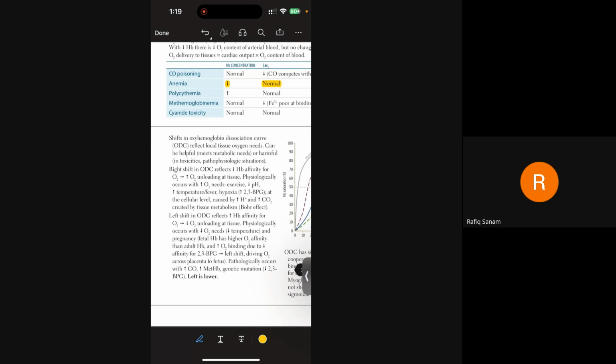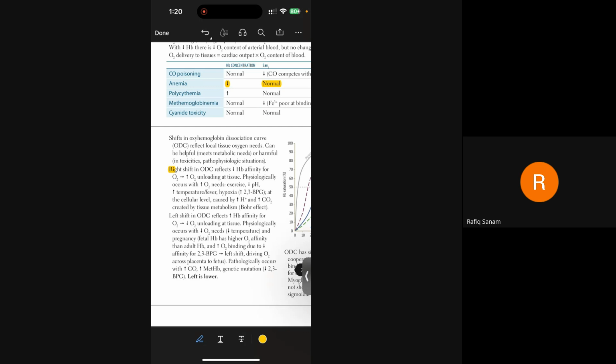A right shift in the oxygen dissociation curve, decreased hemoglobin affinity for oxygen, occurs with increased exercise, decreased pH, and increased temperature. We are seeing that there is increased oxygen saturation from point 1 to point 2, so that means there is increased unloading of oxygen, right?